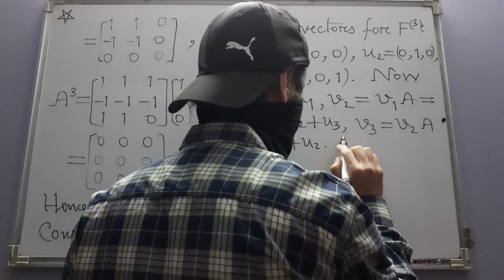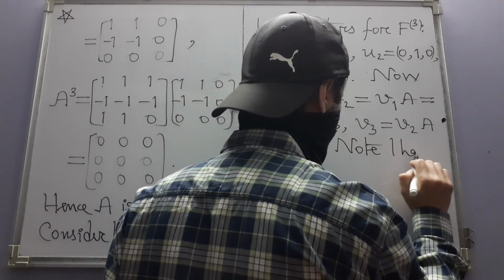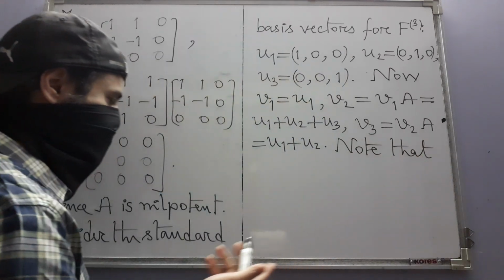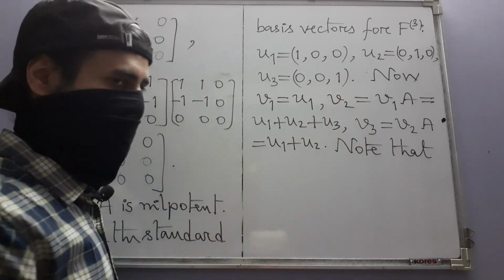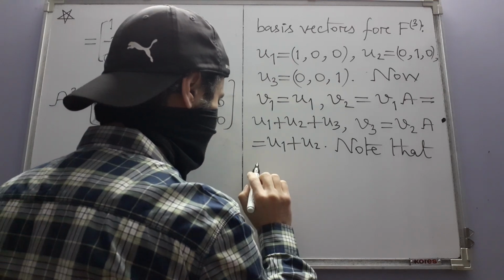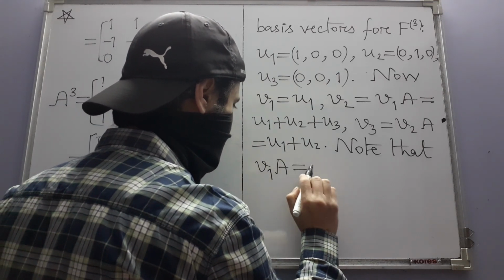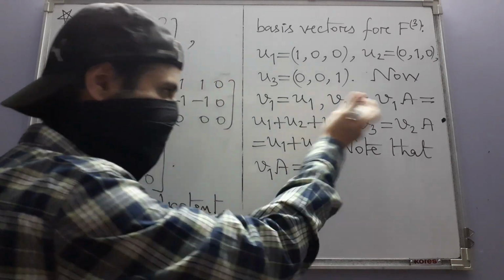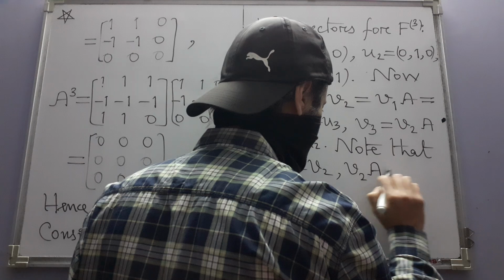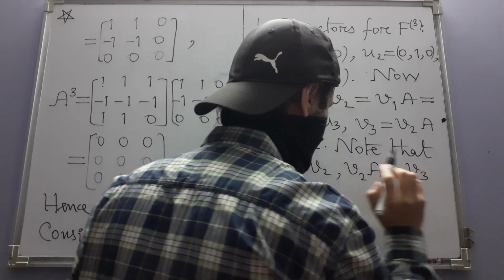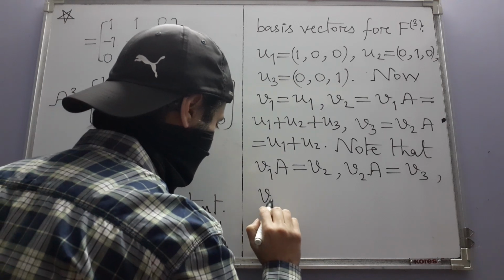Note that it is nothing difficult at all. It comes directly from how we have these vectors V1, V2 and V3. Note that V1A is just V2, because that's what it is. What is V2A? V2A is V3. And what is V3A?